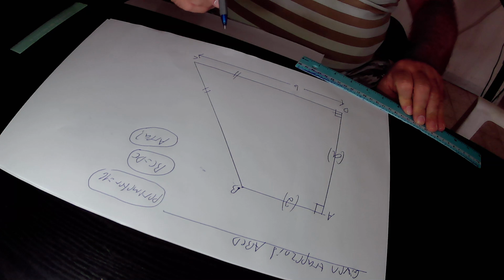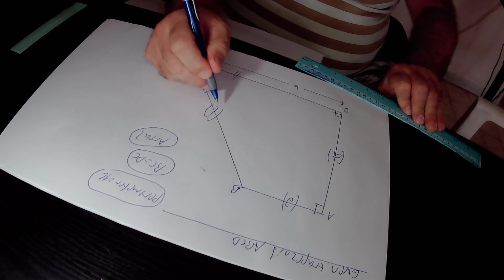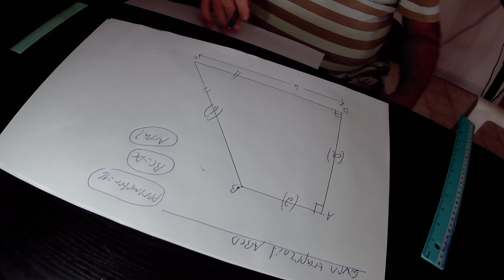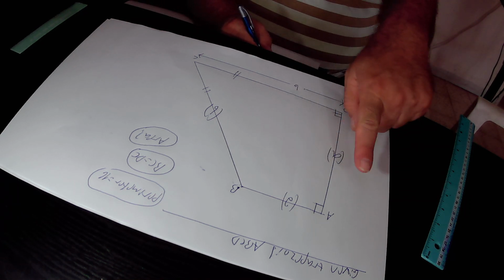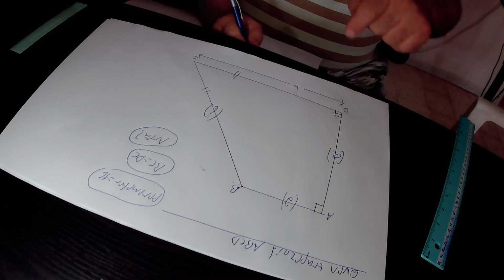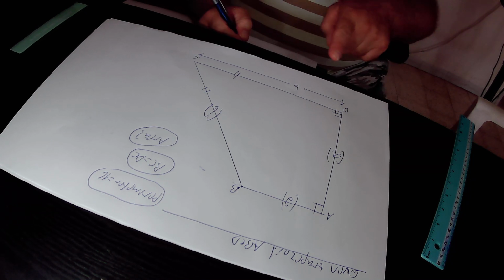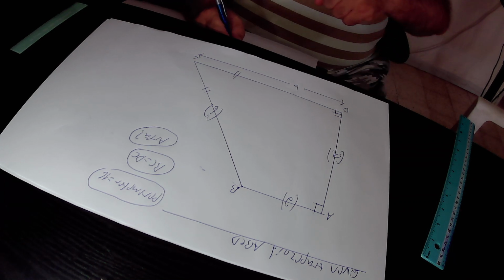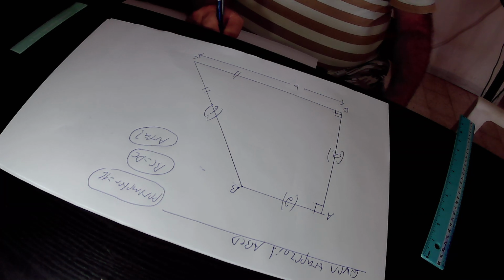So if DC is B, then BC must also be equal to B because they are equal to each other in their lengths. Actually AB is 2, so we substitute AB by 2, plus AD. AD is A, so we substitute AD by A. Plus DC. DC is B according to our definition, so we substitute DC by B, plus CB. CB is also B, and in total it equals 16.